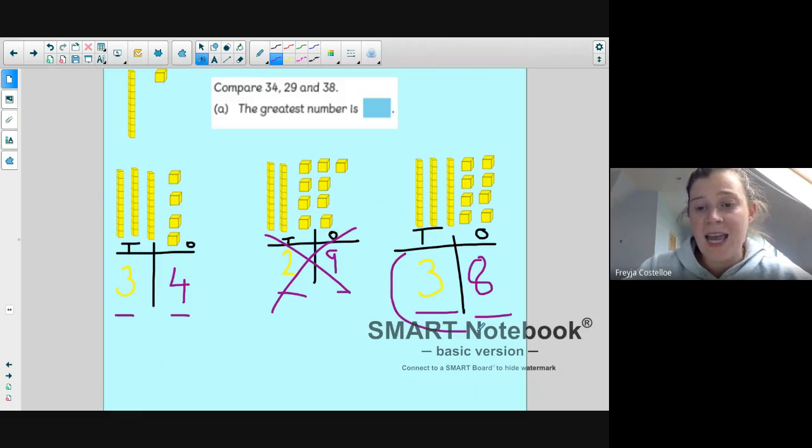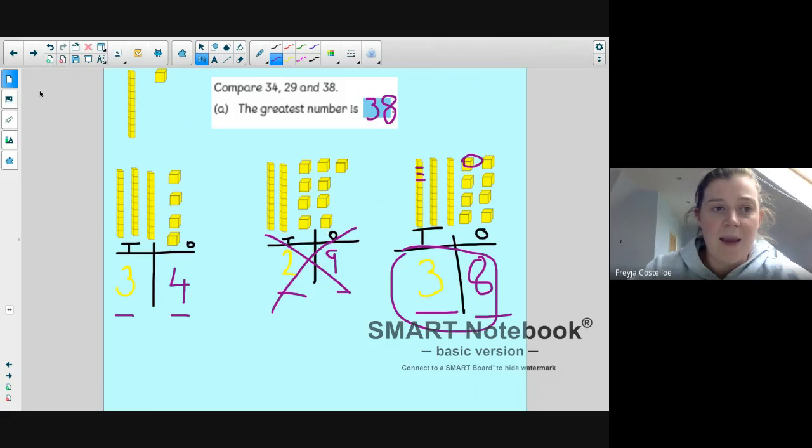So 38 altogether is the greatest number. If I were to split all of these little squares up into single squares like this, I'd have 38 of them altogether. And that is the most, that is the greatest number out of all of those.